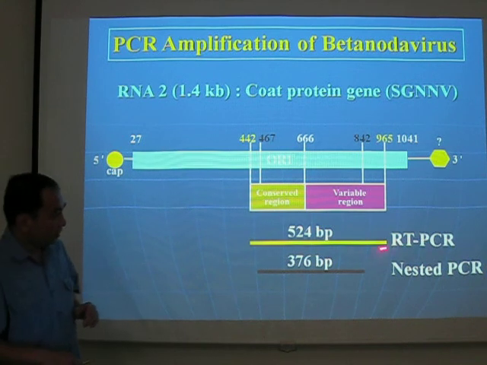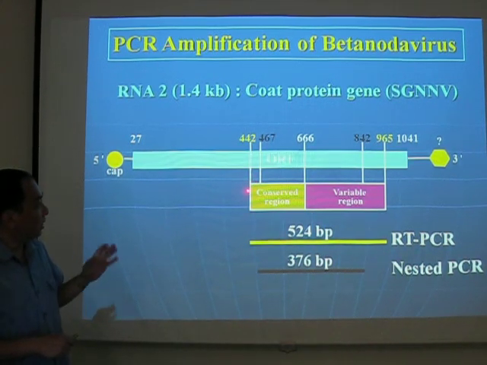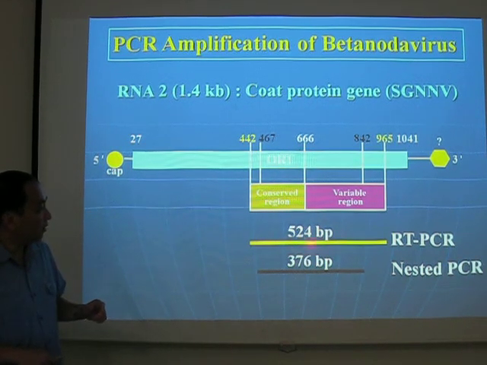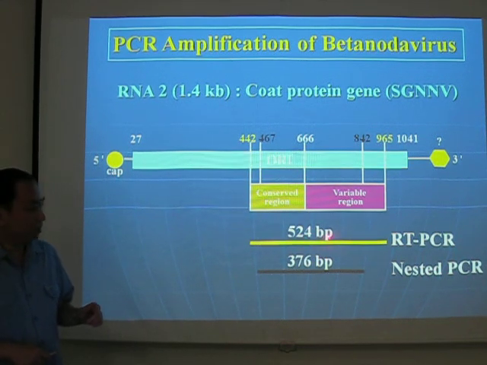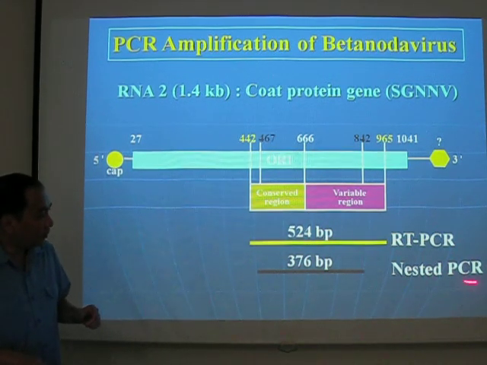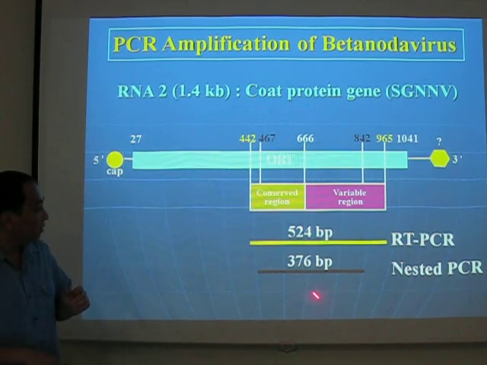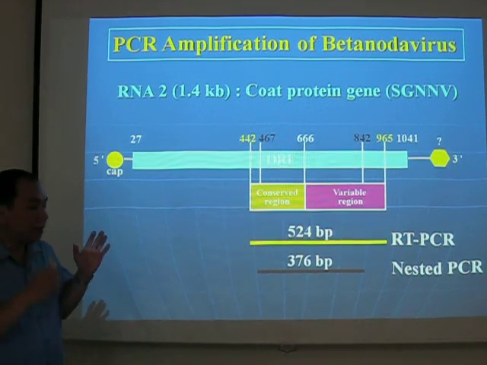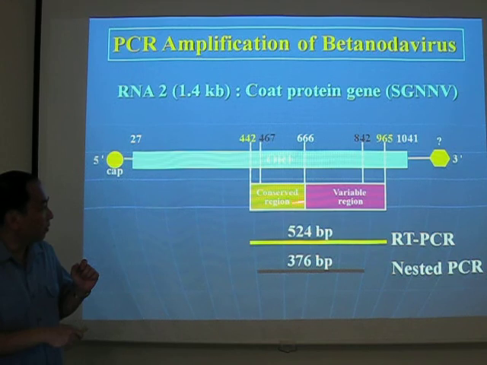The RT-PCR primer is usually designed from the conserved region to the variable region with a target length of about 524 base pairs. While for the nested PCR, which is the second part of the PCR method, you have to design primers inside the RT-PCR product area, which is also between the conserved and variable region.